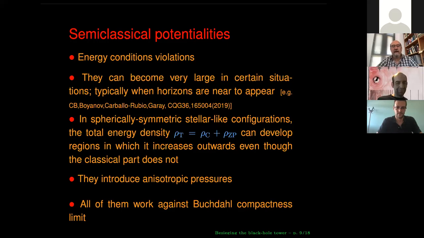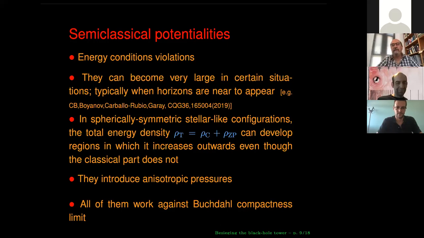But more than that, it has also been proved that these violations can become large in certain situations. Even though the semi-classical effects are always multiplied by the Planck constant, being a quantum effect, this could be thought of as something that can only change the classical behavior slightly, because you add to a classical stress energy tensor some quantum stress energy tensor which can be very, very small.